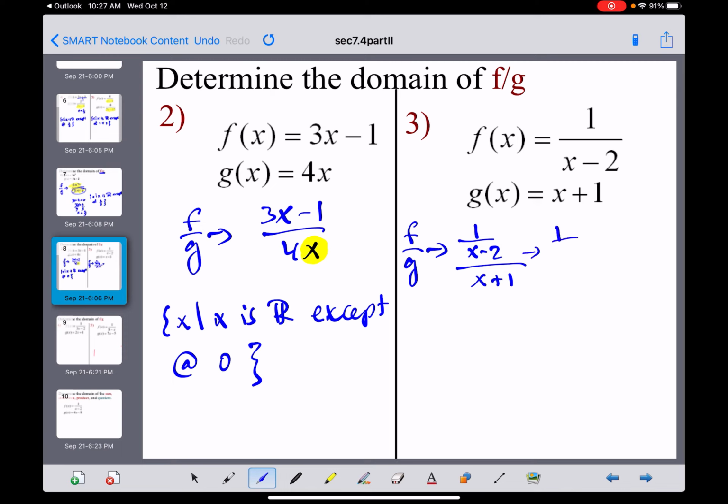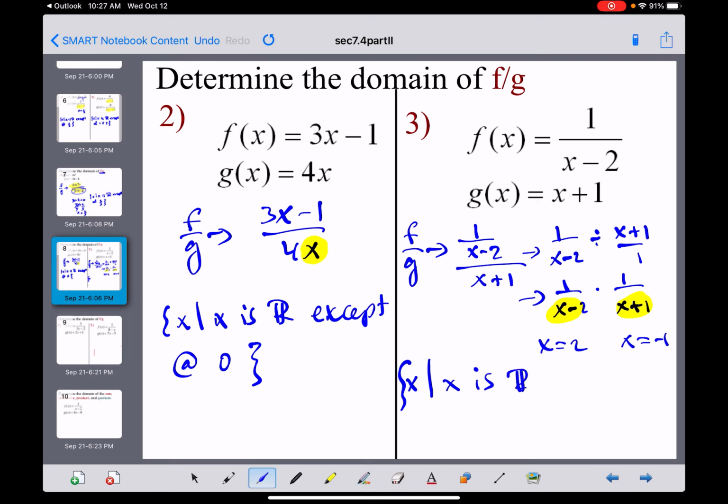This is the same thing as 1 over x minus 2 divided by 1 over x plus 1, and then we change this to multiplication and flip the second part, which is x plus 1 over 1. So now you have to look at the bottom. This one would not work at x equal to 2, and this one would not work at x equal to -1. So that means my domain is x such that x is all real numbers except at 2 and -1.